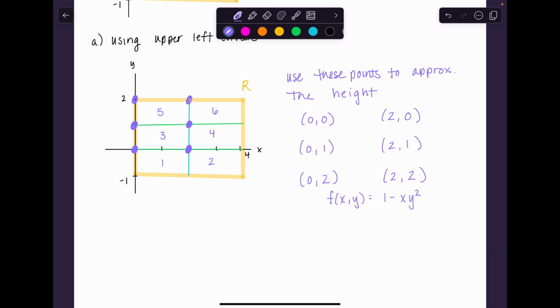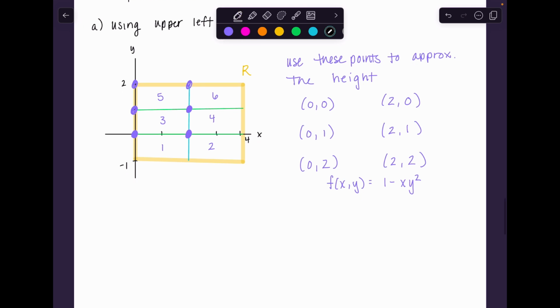I'm going to trust you could plug these values in to get the corresponding z value. But what this tells me is my integral is roughly equal to: I take my first point, plug it into the function to get the height, and then times delta x and delta y, which are the area of the base.